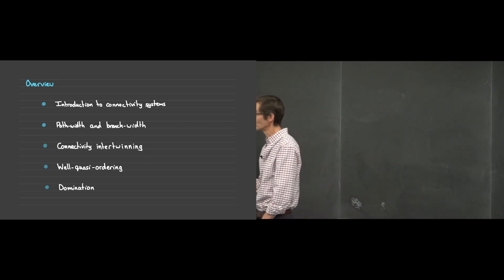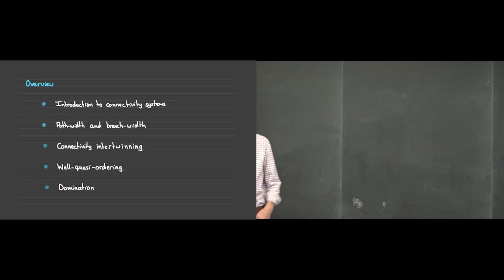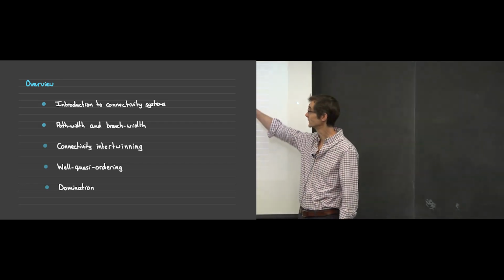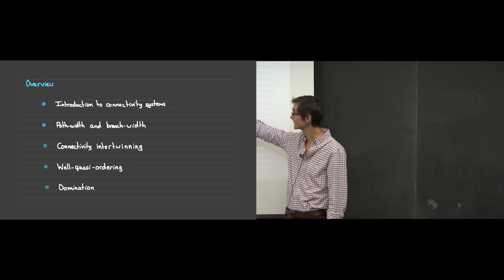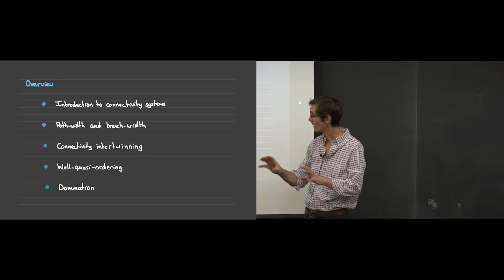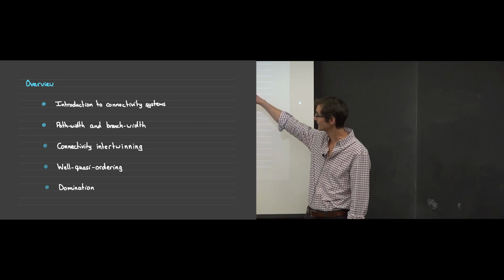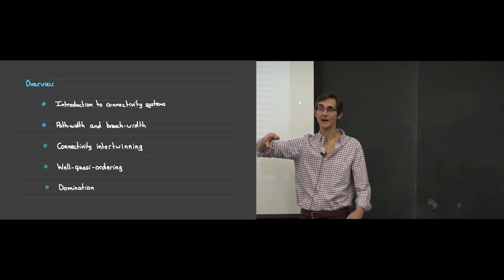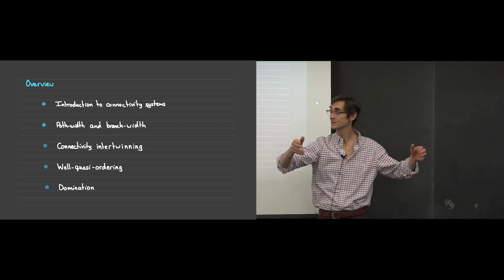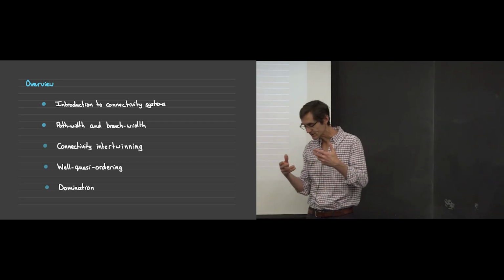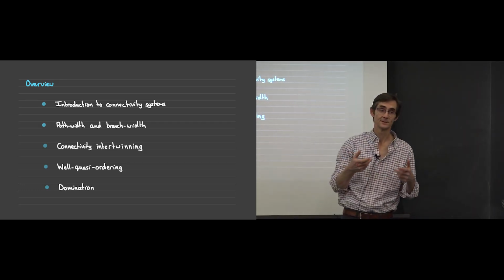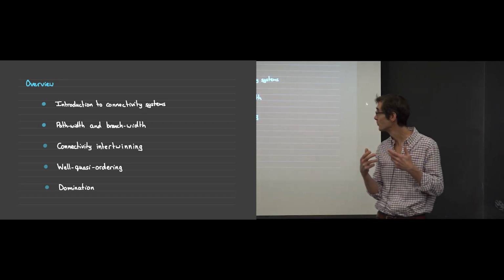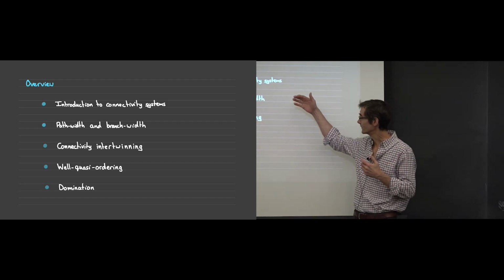Mostly what I want to do in this talk is just to convince you that it's an interesting topic. So I'll give you a gentle introduction to connectivity systems. I'll probably be quite vague at times, but basically explain a few different notions of connectivity and how they fit into the world of connectivity systems. And then we're interested in two width parameters, pathwidth and branchwidth. They're very easy to define.